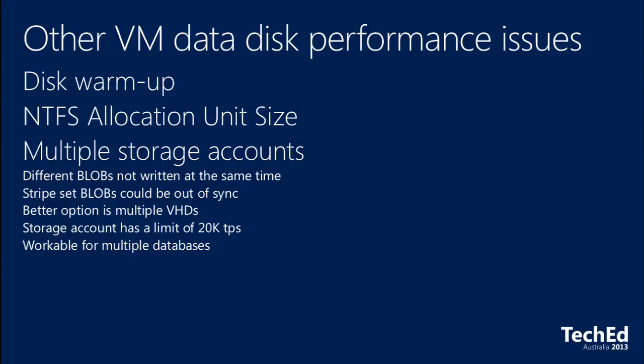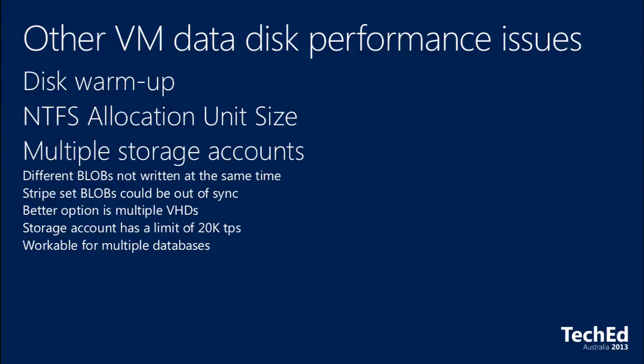Now, as I said, you might consider using multiple storage accounts to try and increase the apparent bandwidth and so on. The hassle with this is that you don't get guaranteed write ordering across multiple accounts. You do within an account, you don't get it across accounts. So if you're trying to do that within the one database, don't go there, right? This is the sort of thing that could lead you into dramas.